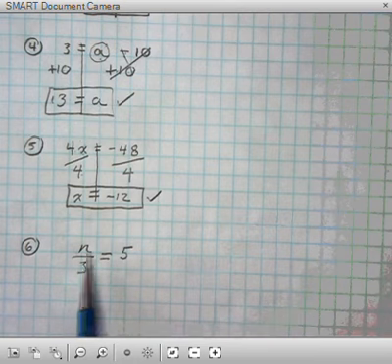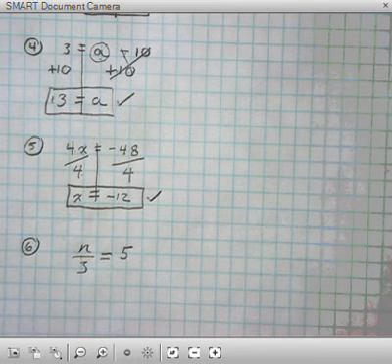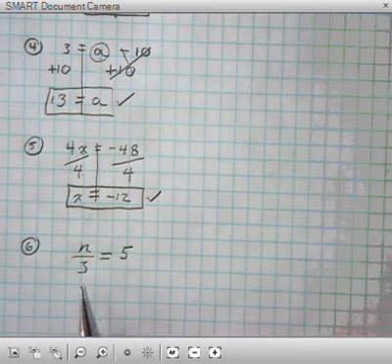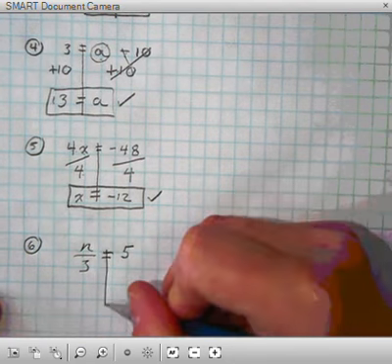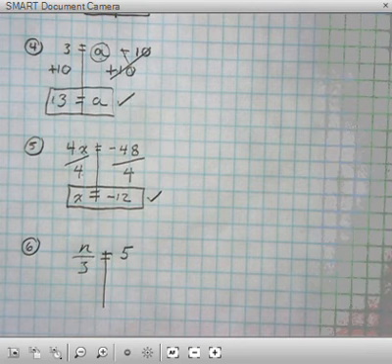It's division, yeah. It's n divided by 3 equals 5. A fraction is just a division problem. Numerator divided by denominator. So what am I going to do here? Toby, what do I do?